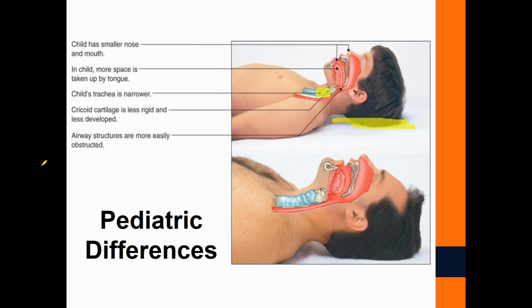So when we start thinking of some of the differences between pediatrics and adult, you look at the physical anatomical differences, and it's easy to see why just laying a kid flat on the ground with nothing between his shoulders makes it more difficult for us to appropriately manage their airway.